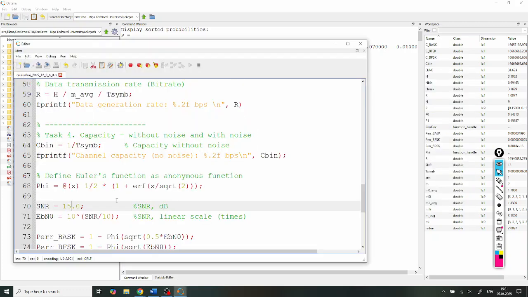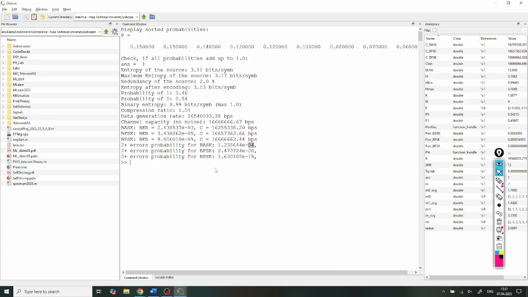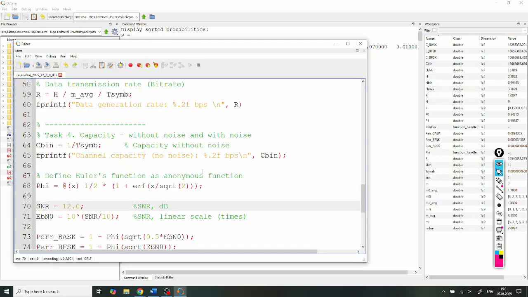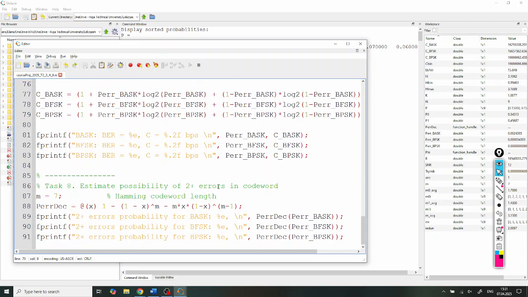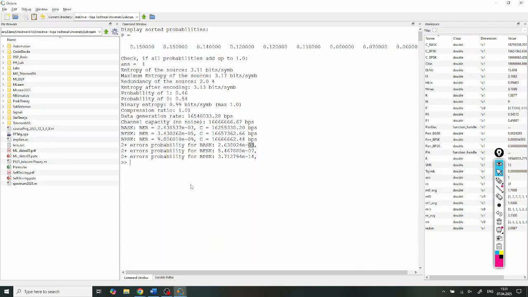Now let me go back to 12 decibel and say I will use a code word of length 31, which means there will be a higher chance to encounter more than one error in 31 symbols than in 7, right? So that means our numbers are not going to be so good. And indeed they are not.